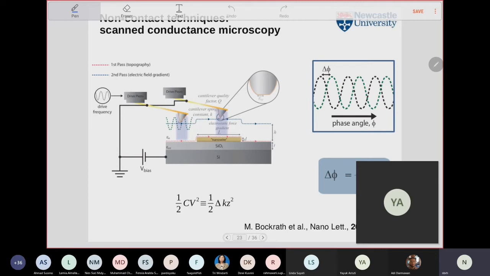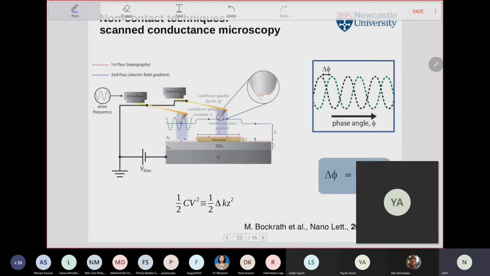And first of all, you scan along the red line. So the dotted red line, you scan along here, and the tip adjusts its height so that its force of interaction with the sample is maintained constant, and it will follow this path illustrated by the dotted red line, and that gives you the topography of the sample.